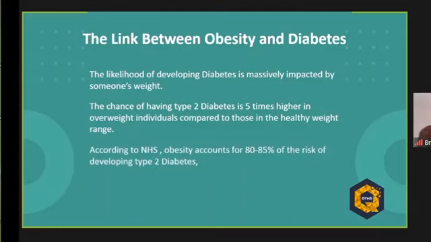Being overweight accounts for a large percent of the risk of diabetes for those without genetic predispositions to it. So basically, if you have it in the family and you follow poor lifestyle habits, that will increase your chance by 80 to 85% of getting type 2 diabetes.